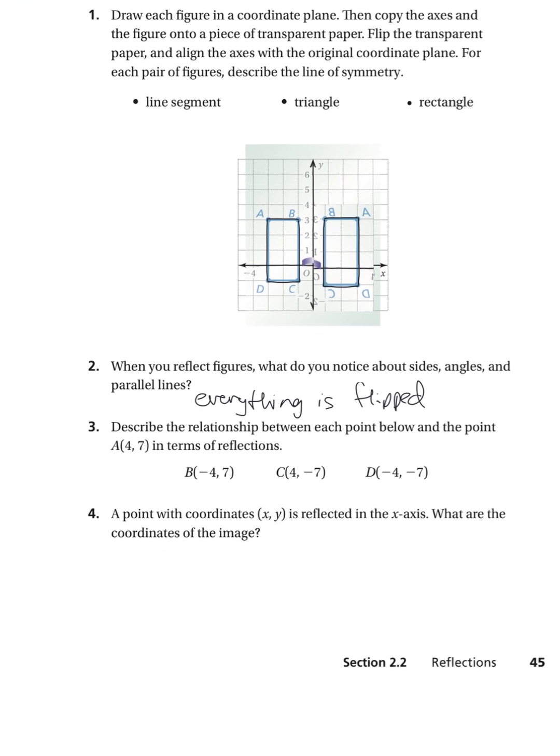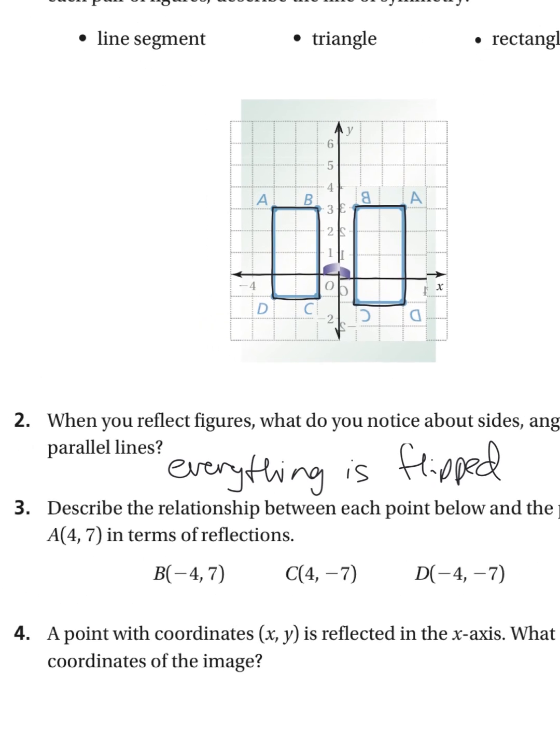Okay, describe the relationship between each point below and the point A for 7 in terms of reflections. If we were on this coordinate grid and we graphed B at -4, 7, that would be way up here. If I go to 4, 7 and call that C, C could actually be a reflection of B over the y-axis.